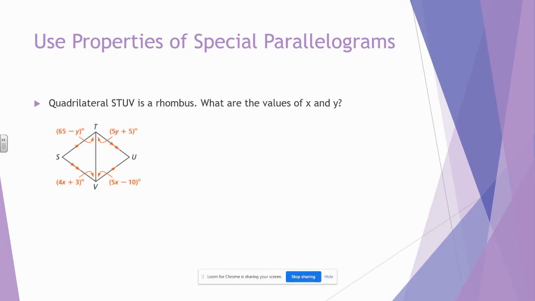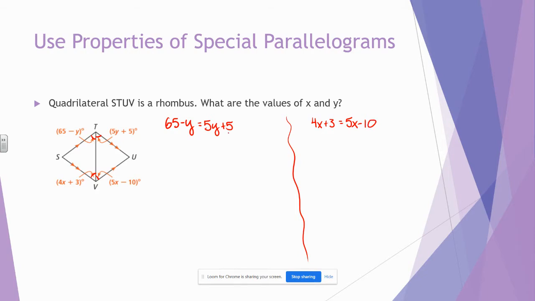So since we have a rhombus, that means that these two angles are all the same measure because our diagonal TV bisects the angles T and V. So to find y, we have to set 65 minus y equal to the other side of that angle, 5y plus 5. And then to find x, we have to set 4x plus 3 equal to 5x minus 10.